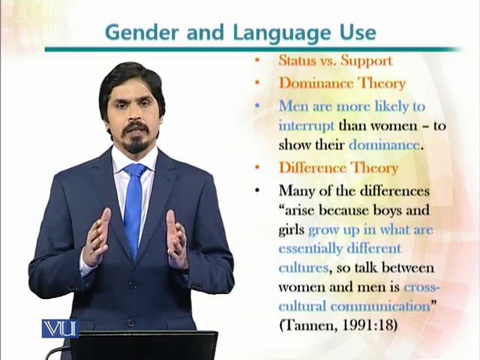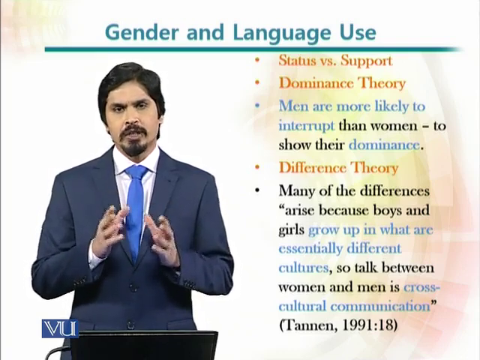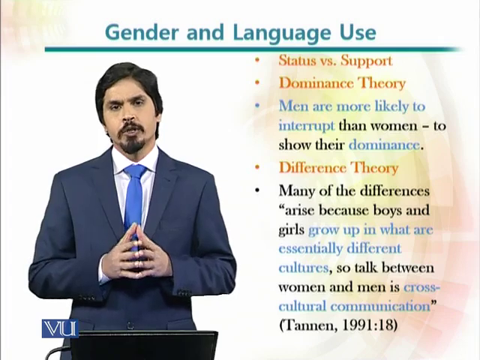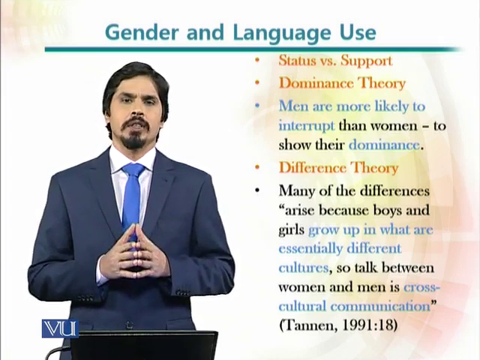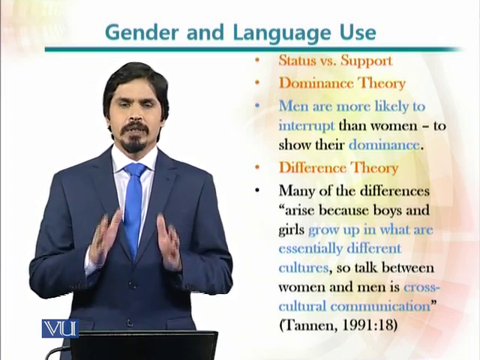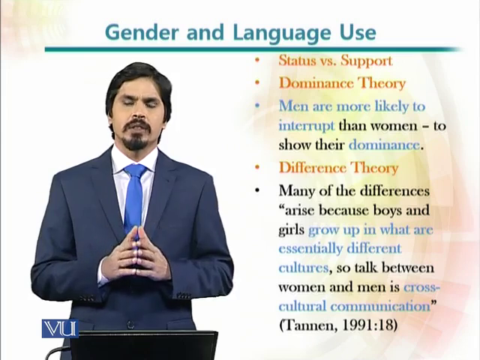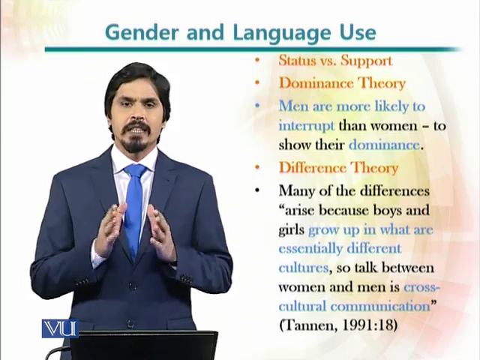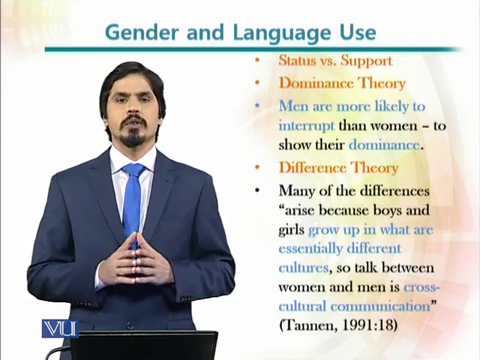And it is further argued that the conversation between men and women should be considered as intercultural communication. So, the difference between men and women talk is not because of any desire of dominance of one gender. Rather, it is because of the variations in the cultures in which they grow up.